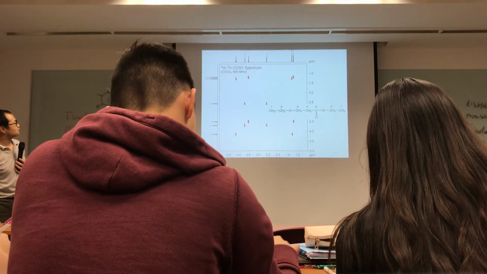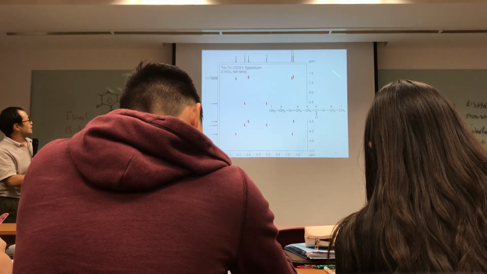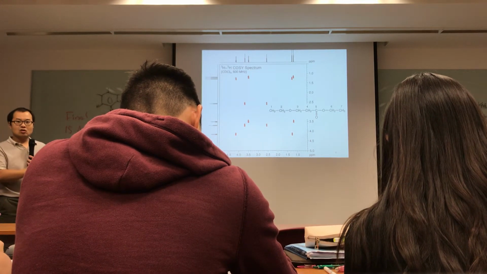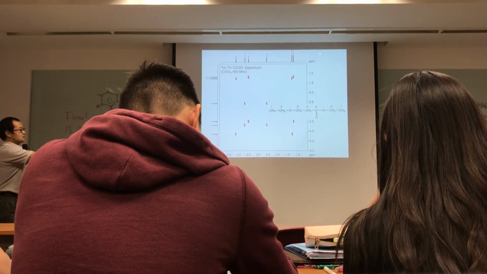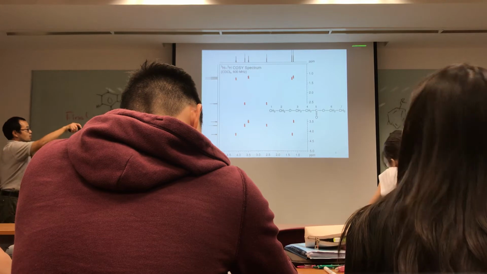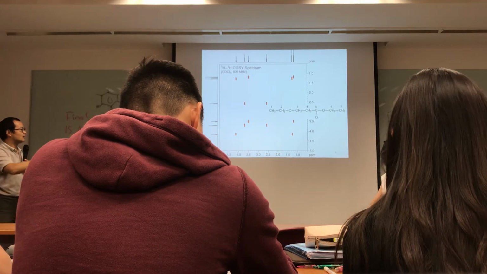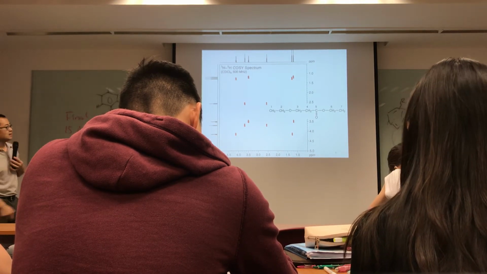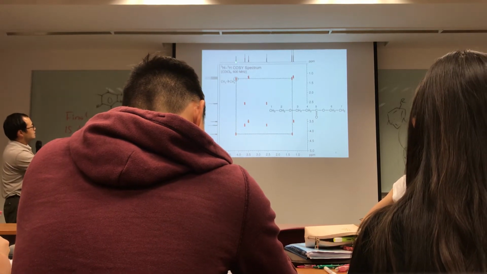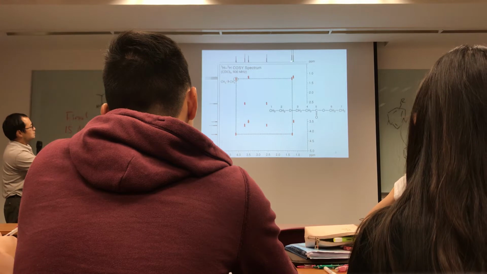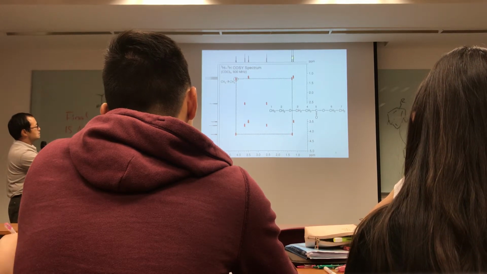We will see. This one is a COSY spectrum. Because you can see the diagonal line, this is a proton diagonal line, that means it's COSY. COSY means you see, like this is a quartet, this is a triplet.